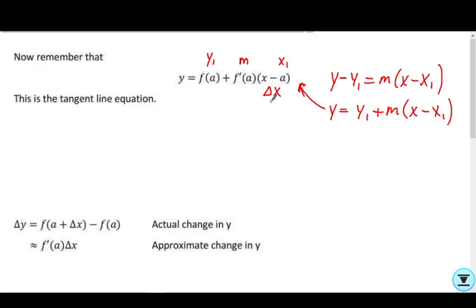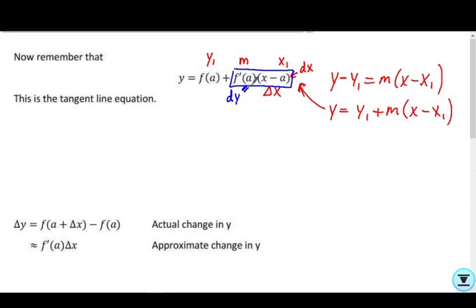It's actually usually my dx. This whole part right here is dy, based on my equation that we just had. dy is f prime of x times dx.